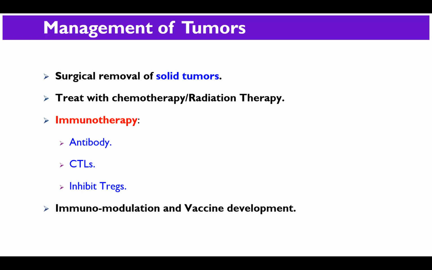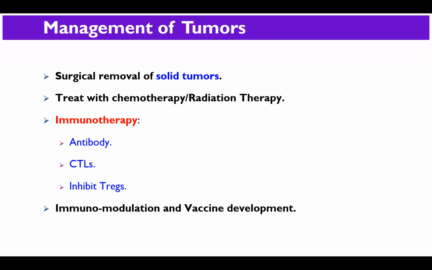An ongoing and actively researched area is the generation of better immunomodulatory mechanisms. For example, using an immunostimulant to switch from an immunosuppressive microenvironment to a pro-inflammatory microenvironment that will promote the killing of the tumor cells.